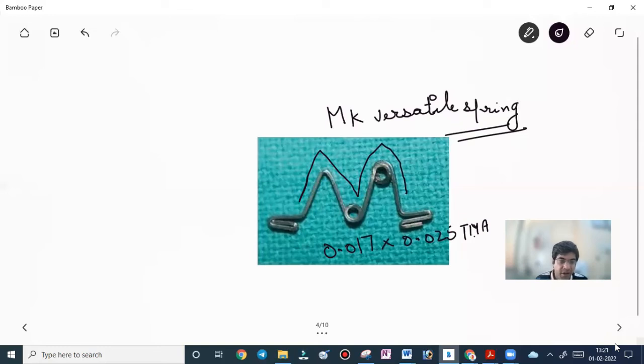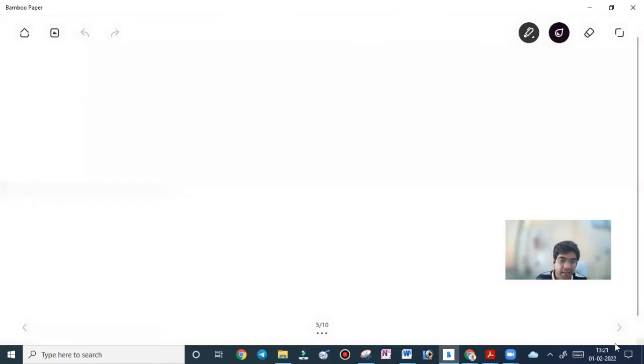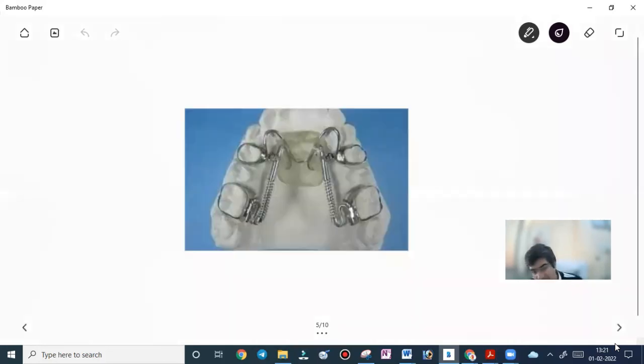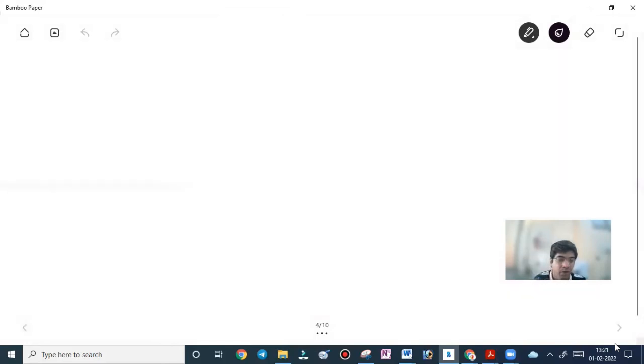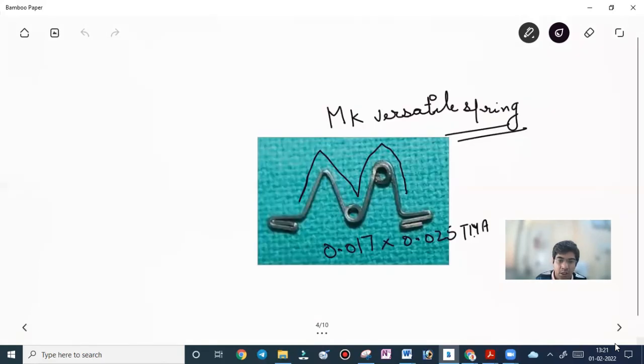It consists of two helices, one at the central arm and the other close to the teeth being mesialized or distalized.